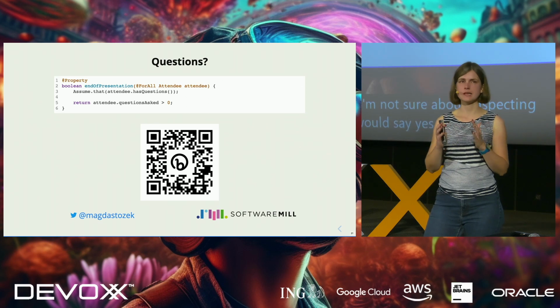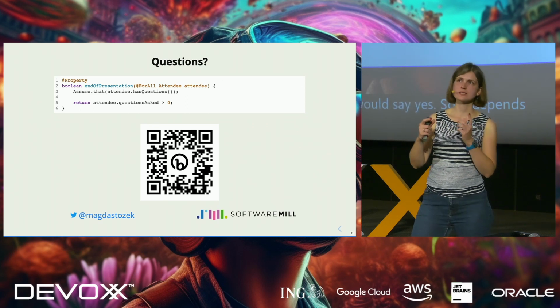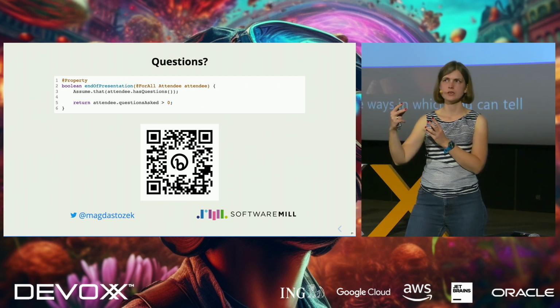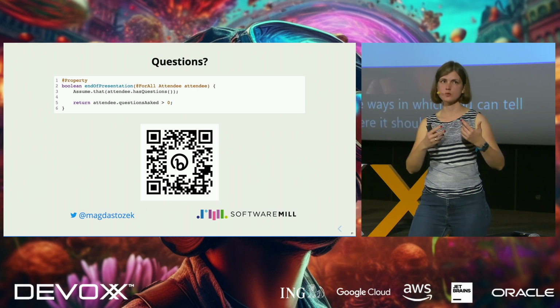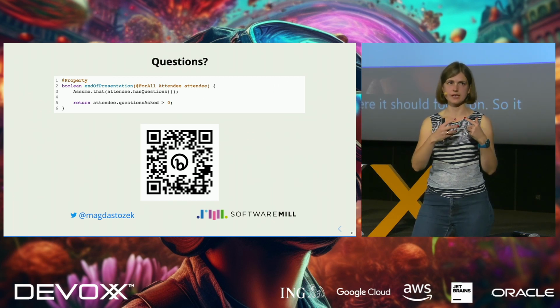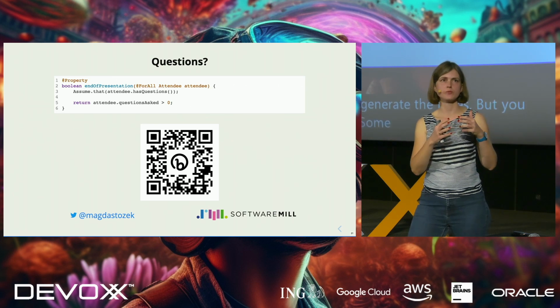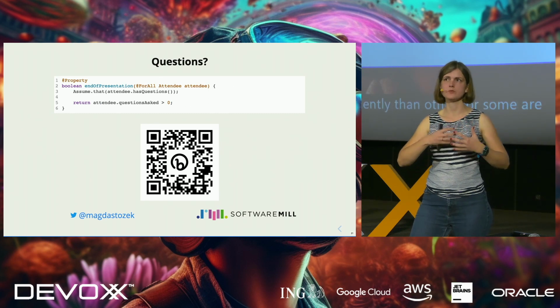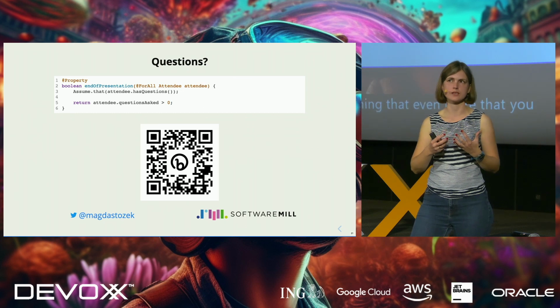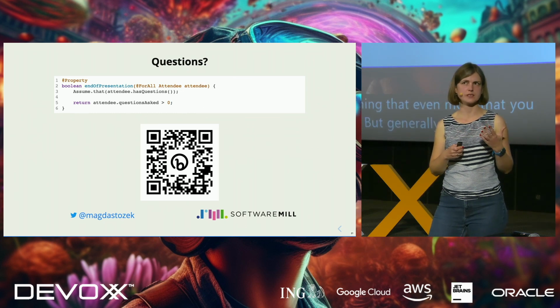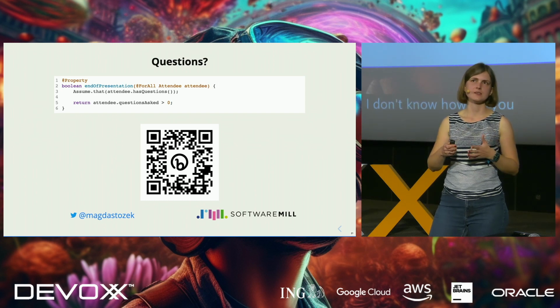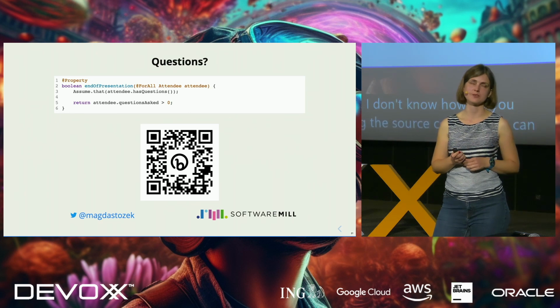It depends on the library, but there are some ways in which you can tell the framework or the library where it should focus on. So it knows the types inside, so it can generate the types, but you can also, for example, tell it that some combinations happen more frequently than others, or some are more important. So that's something more that you can do to make your test correct. But generally, the library does look at the types you have. I don't know how far you would like to go with it analyzing the source code, but we can talk about that later as well.